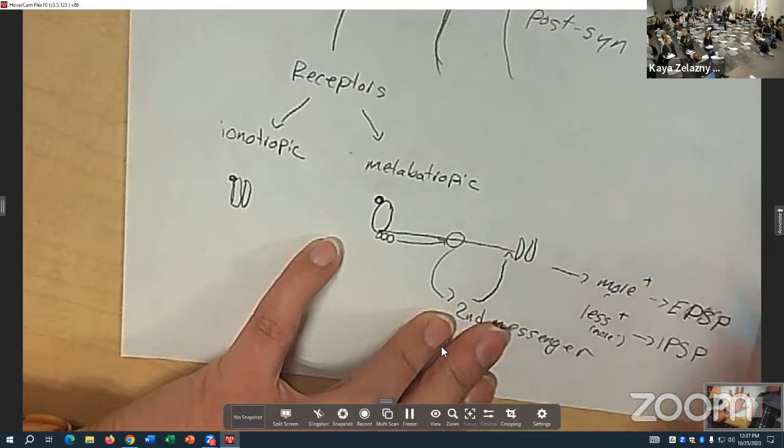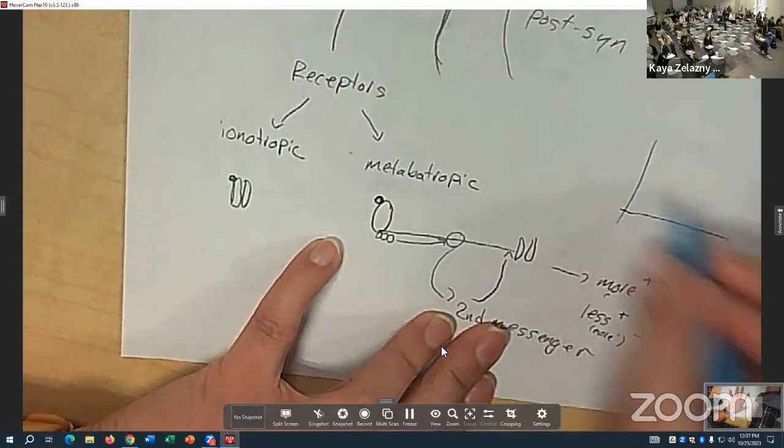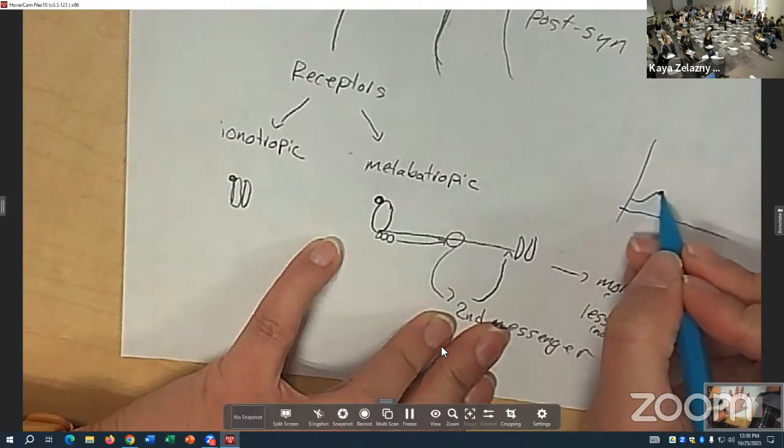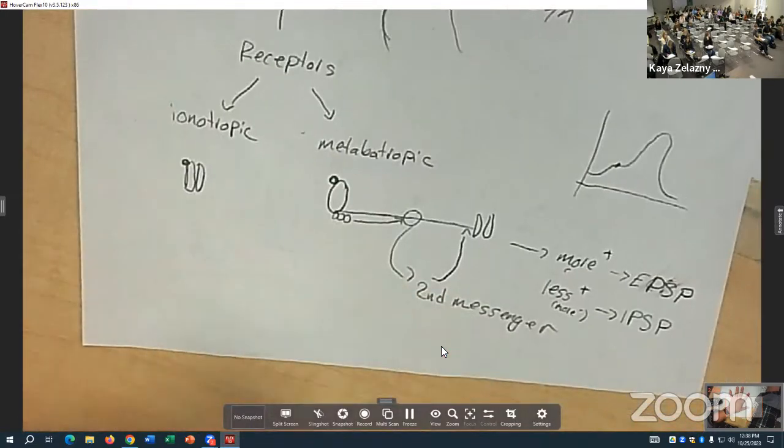So the excitatory postsynaptic potential has gotten us up closer to that threshold value, in which case we fire off. The inhibitory got us down below, harder to fire an action potential.